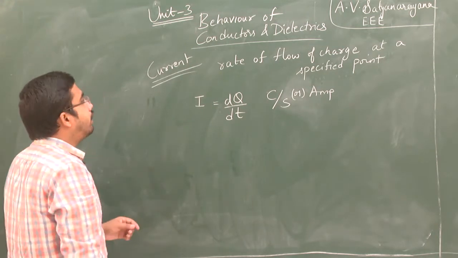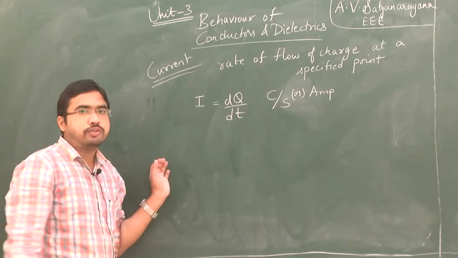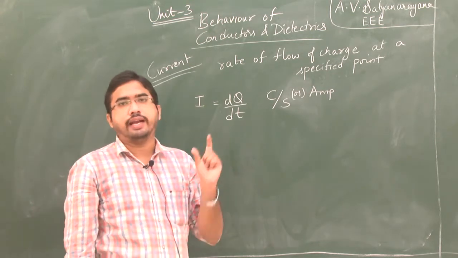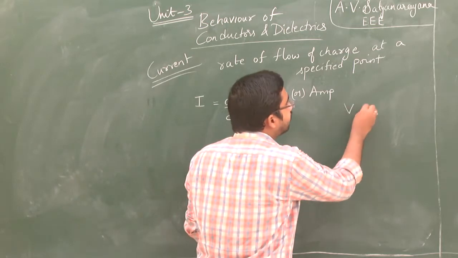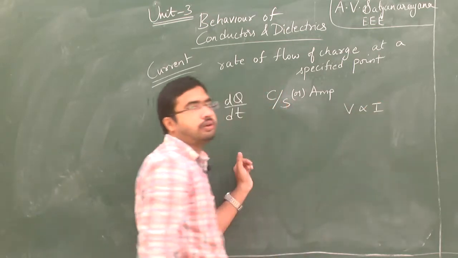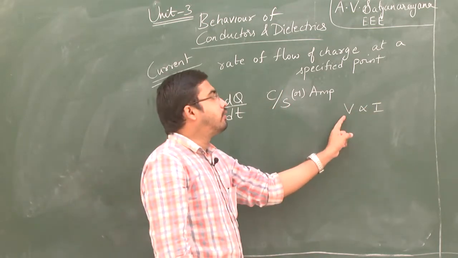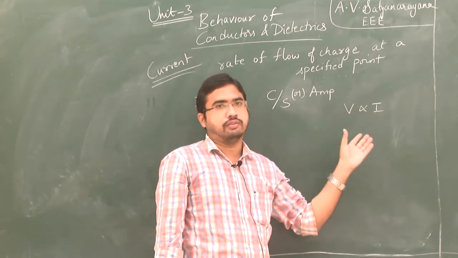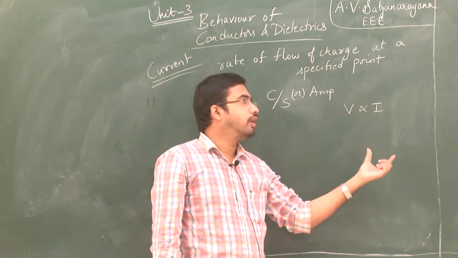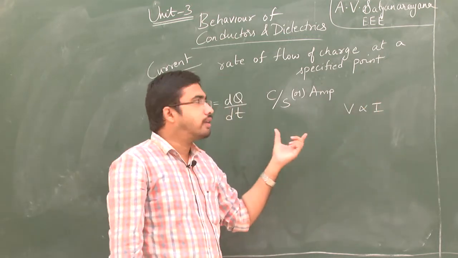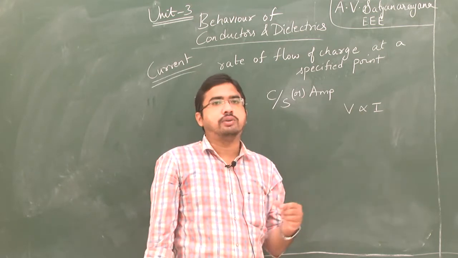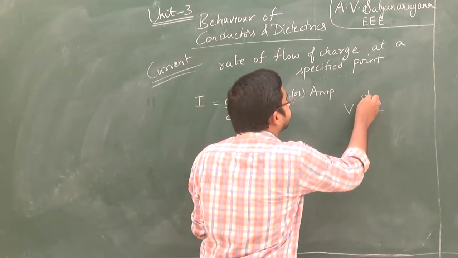Now we already know that Ohm's law relates the applied voltage and current. Ohm's law states that V is directly proportional to I. That means the applied voltage is directly proportional to the current flowing through the conductor. If you apply more voltage, you will get more current; if you apply less voltage, you will get less current. This is Ohm's law.